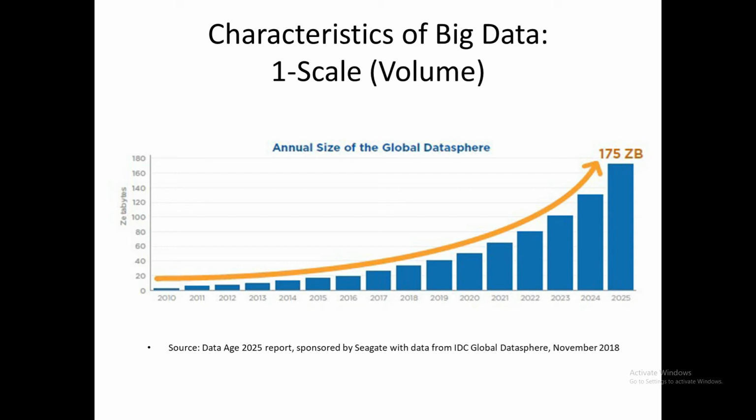What are those? Starting with the first V, the volume of data, which means we classify data as big data when it's tremendously large. As seen in the figure, the volume of data being generated is increasing exponentially from 2000 to 2025, and the graph has the nature of an exponential plot.